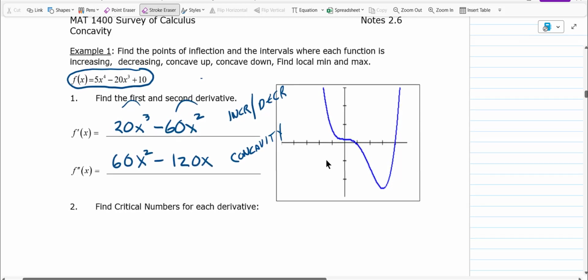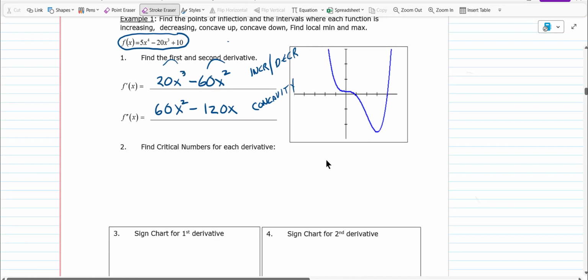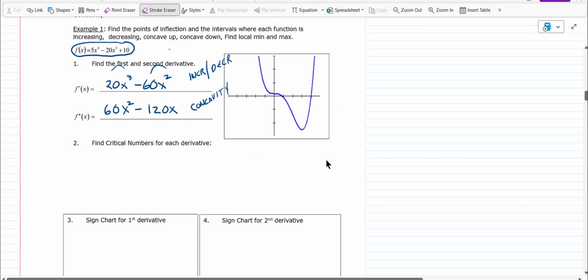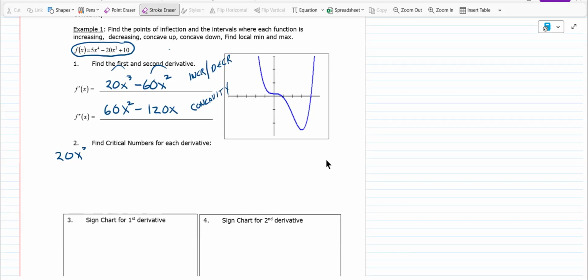We're going to do a couple of sign charts on this problem, with critical numbers for each derivative. So write down your first derivative and set that equal to 0, and then we'll solve that to get a critical number.